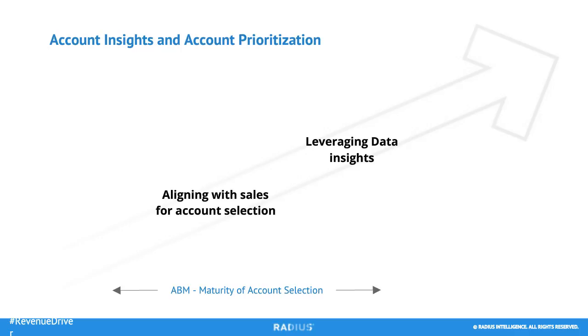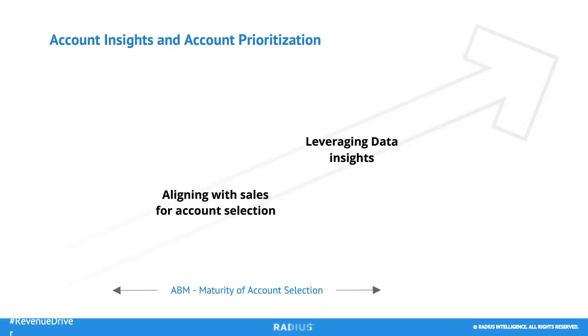And then finally, the most mature of those companies are leveraging Predictive to drive account selection. So instead of manually going through this process, they use third-party data that helps with the attribute fulfillment on those key target accounts and helps automate that process.